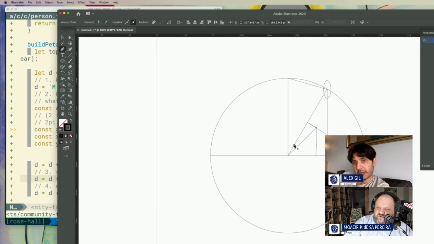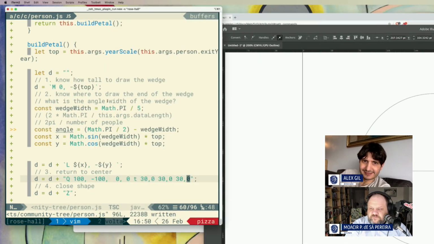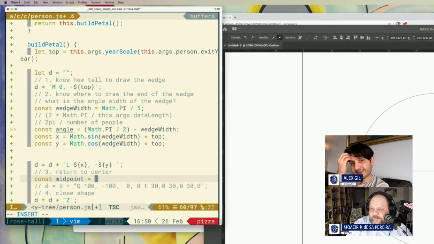And once we know what this theta is... No, I don't like it. I like your hypotenuse suggestion more. Okay. So mid x is equal to x over 2.